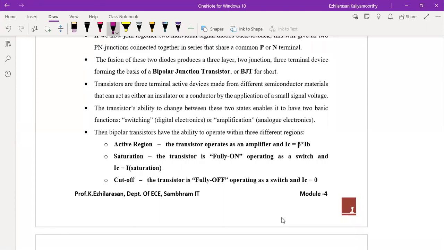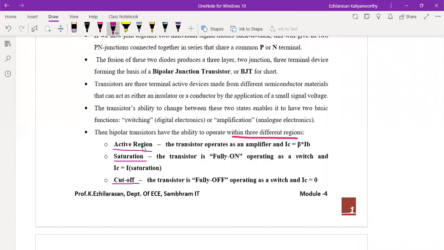Now the bipolar transistor has the ability to operate in three different regions. Normally you studied in PU the PNP transistor and the NPN transistor. Here it will be operating in three regions: the active region, the saturation region, and the cutoff region.